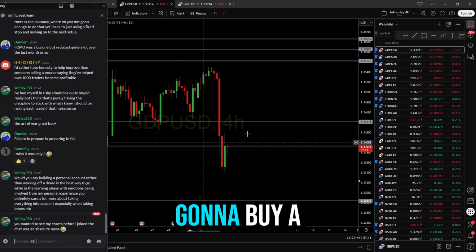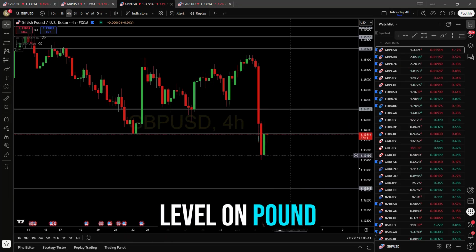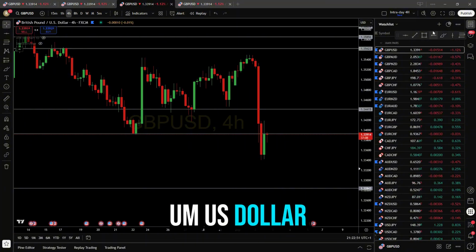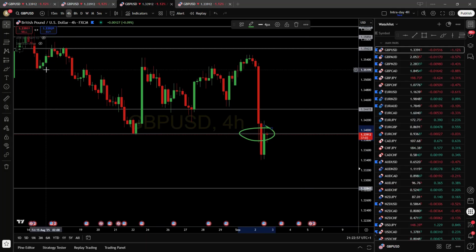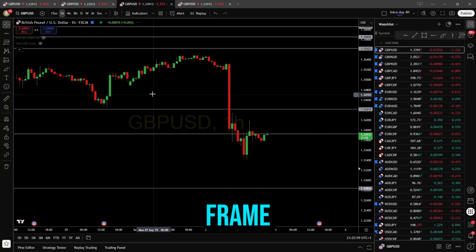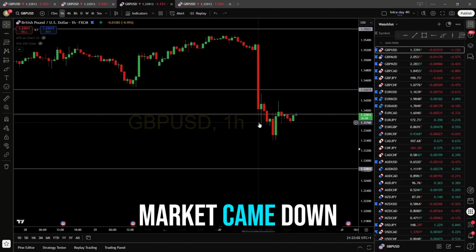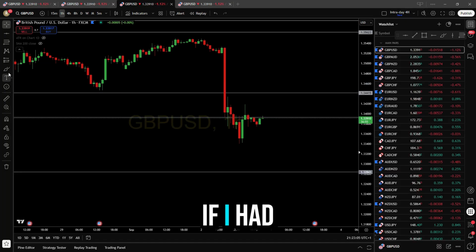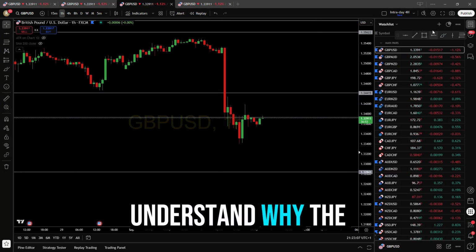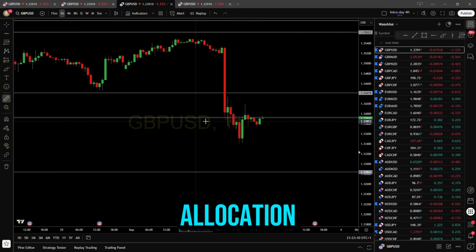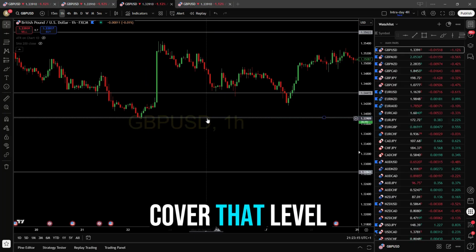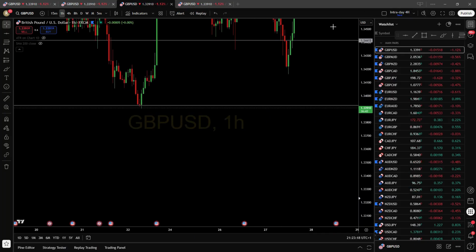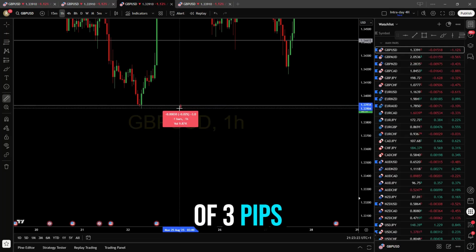So if I'm going to buy a level on pound US dollar today, here, if I'm going to buy that, now we'll go down the time frame. At this time, when the market came down here, if I had an order here, I need to understand why the market's getting there. So this is for my risk allocation. Do I just want to cover that level? It's a really tight zone of 3 pips.